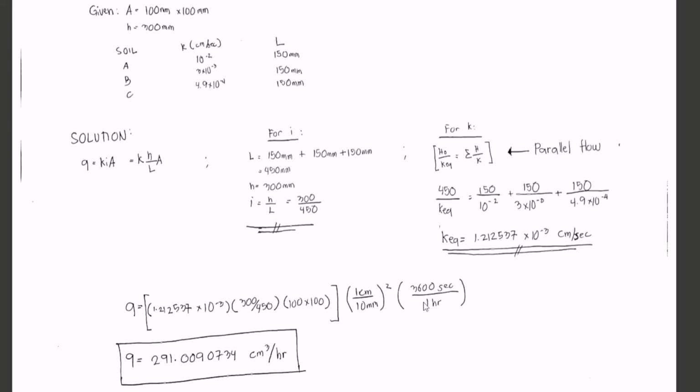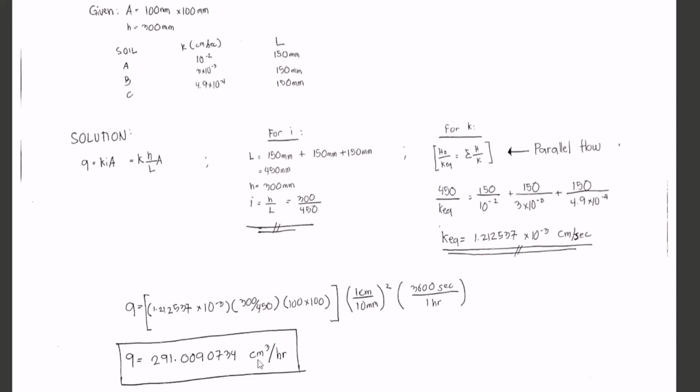Yan. So, meron na tayong I at K. Meron na tayong A. So, substitute na lang natin to sa formula. Kaya, K natin na 1.212537 times 10 to the negative 3, H over L na 300 over 450, tapos, cross-sectional area na 100 by 100 millimeter square.